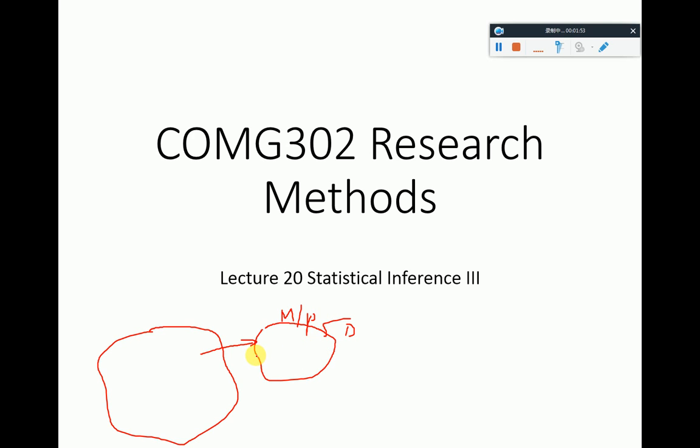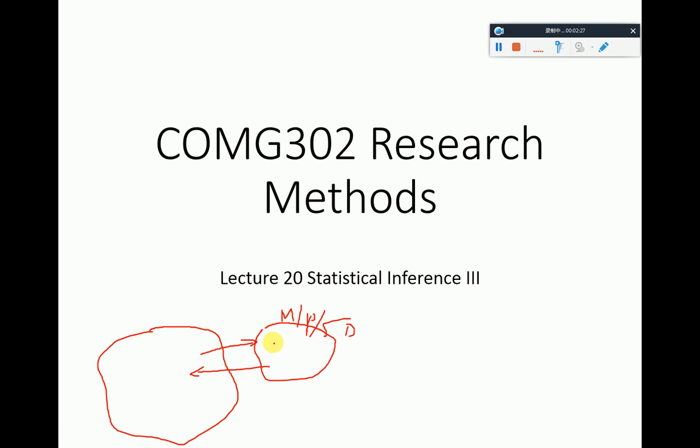And so the purpose of inferential statistics, after we describe the sample using all these descriptive statistics, is to make inferences about, or to generalize, all these descriptive statistics to the population, so that we can have a fairly well-guessed knowledge, so to speak, about the population.